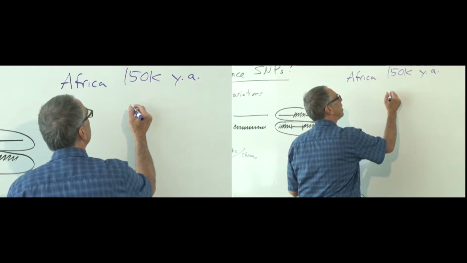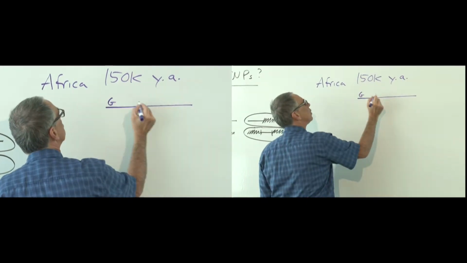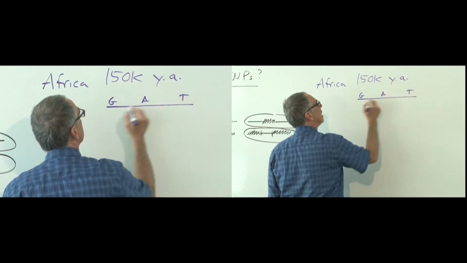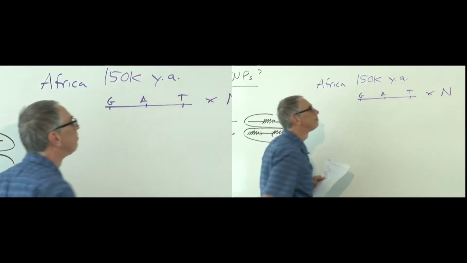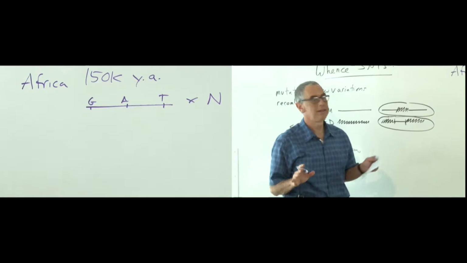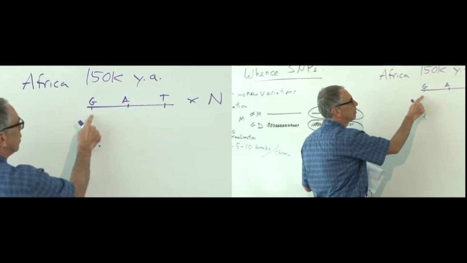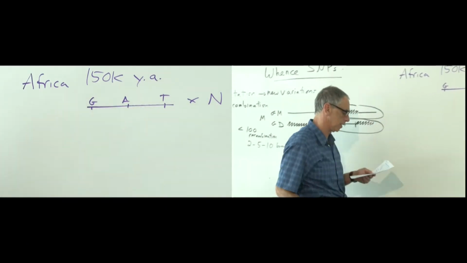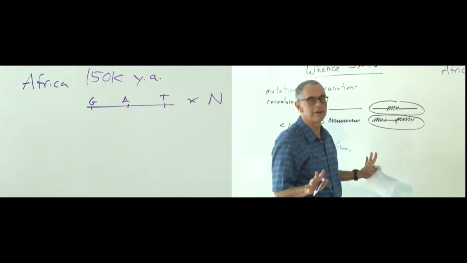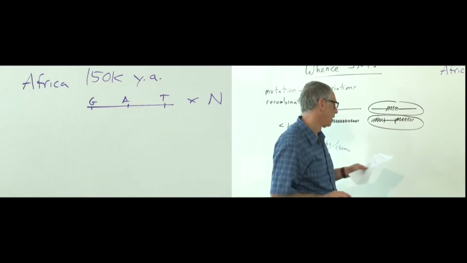But let's say that on one segment of DNA, they basically all have a G, an A, and a T at these 3 positions. So there's N humans. They all, at least in this locus, and I haven't really told you how big it is, but I'm telling you that there's one location with a G, one with an A, and one with a T, and there's stuff in between that I'm not mentioning. Okay, that's great. That's our small little band of humans 150,000 years ago.